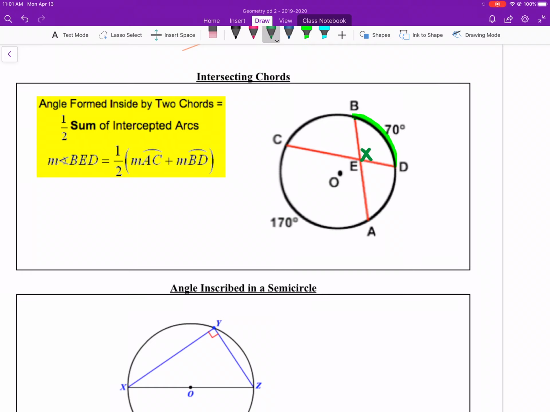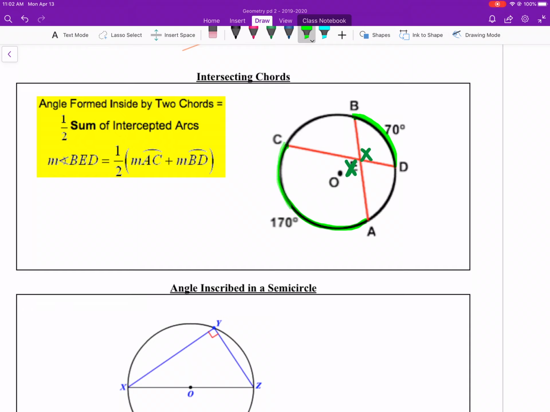Because on the other side of X, if we go across from X, those angles are equal. Do we remember what relationship makes those 2 angles equal? Hopefully you're thinking those are vertical angles. Those 2 X's right there, those are vertical angles. They're congruent to each other. So on the other side, we really have another intercepted arc. So on the other side, we have the arc of CA.